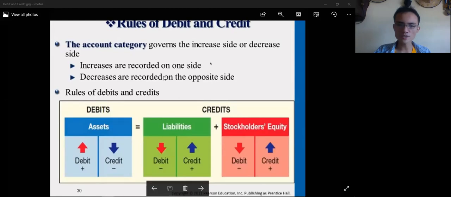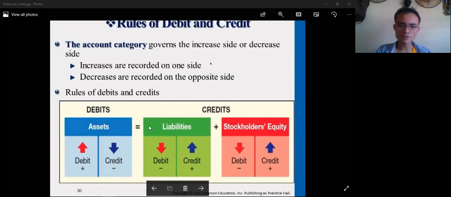So these are the rules of debit and credit. Make sure to take note that the normal balance is the side in which that account will increase, and the opposite side is the side in which it will decrease. The increase side is called the normal balance, as a review, and the opposite side is the decrease.